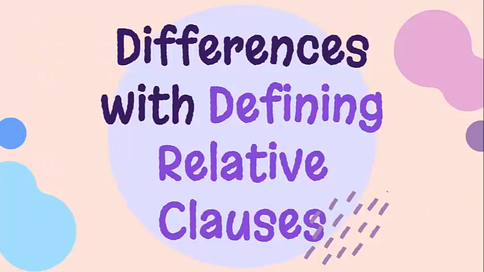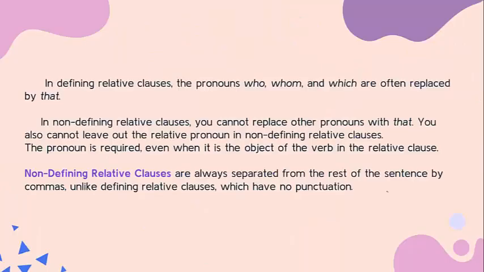Differences with defining relative clauses. In defining relative clauses, the pronouns who, whom, and which are often replaced by that. In non-defining relative clauses, you cannot replace other pronouns with that. You also cannot leave out the relative pronoun in non-defining relative clauses.